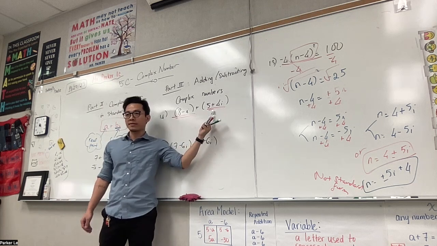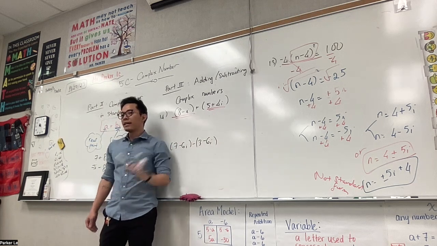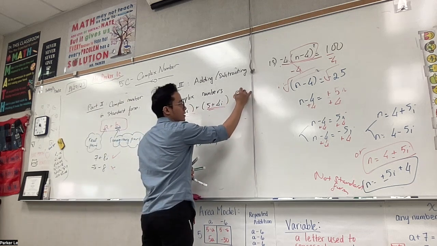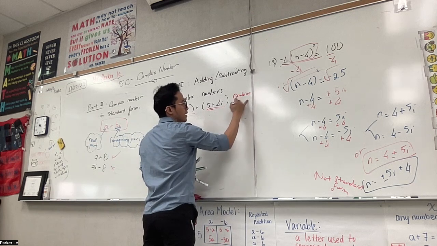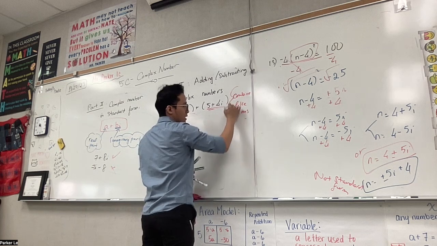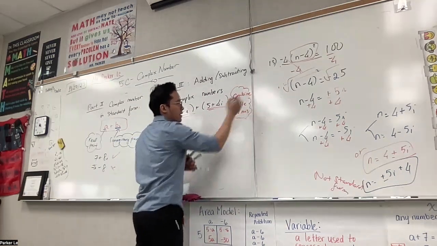What is the real part of this one? 5. So real goes with real, imaginary goes with imaginary. So you can use that language: when he says you want to combine like terms, that means you want real to go with real and imaginary to go with imaginary.